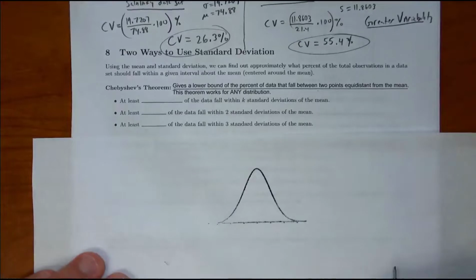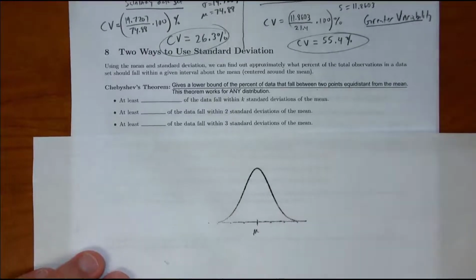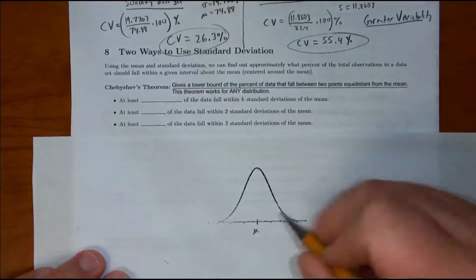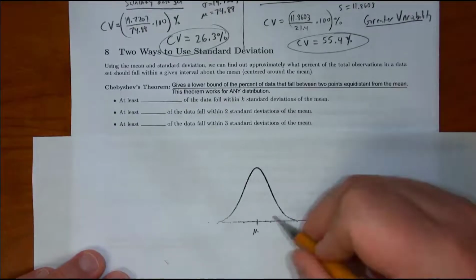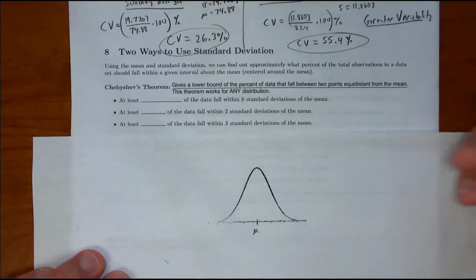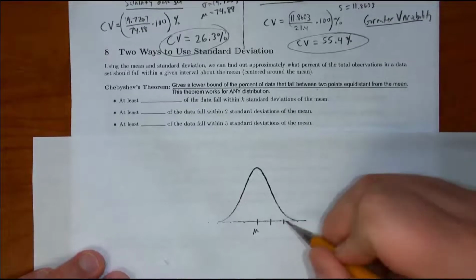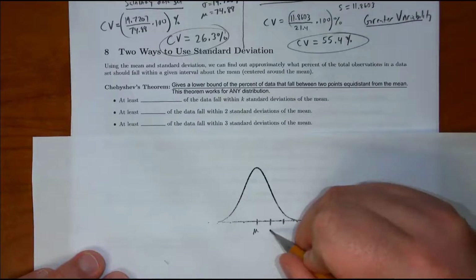Now, Chebychev's theorem does not need a bell-shaped distribution, but that's bell-shaped. The mean is right in the middle here. What we mean by two points equidistant is, if you look to the left, a standard deviation is just a number.